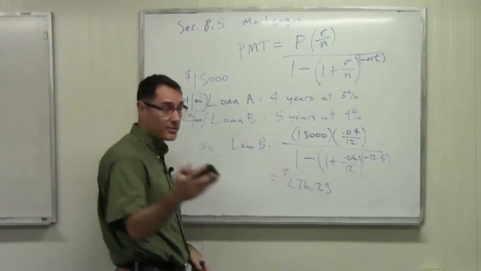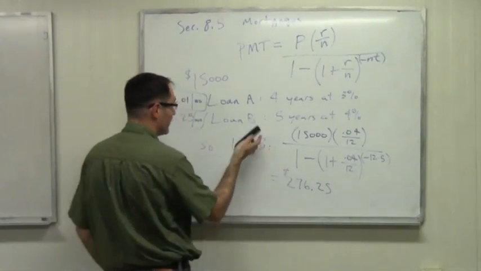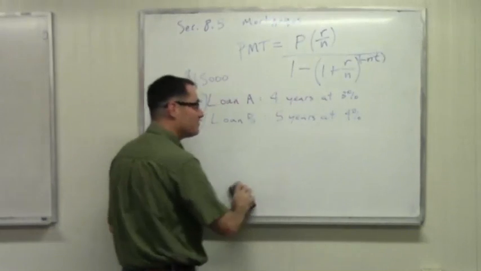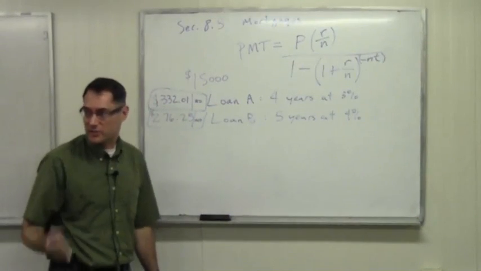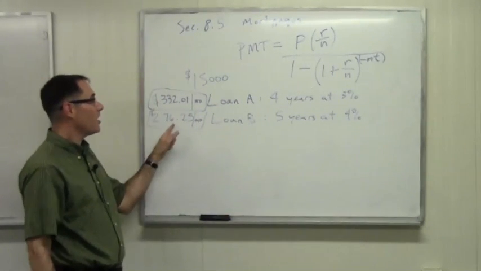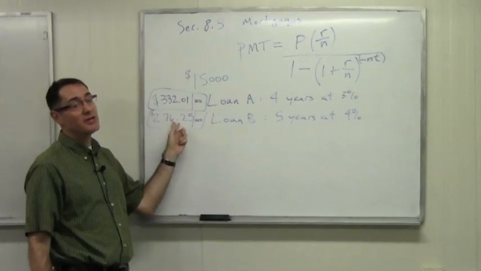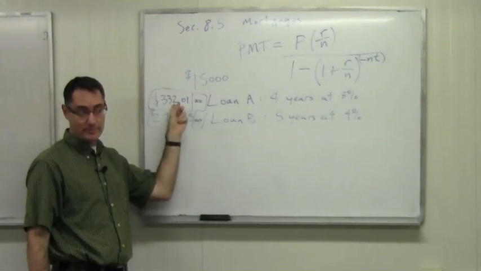Very good question. This is exactly what Dave was alluding to, I assume. You look at this and you say, and by the way, this is exactly what those car dealers do to you. They say, hey, look, your loan is now going to be $276 a month. Wow, that's much better than $332 a month.